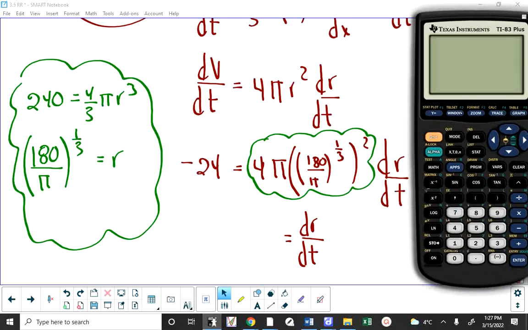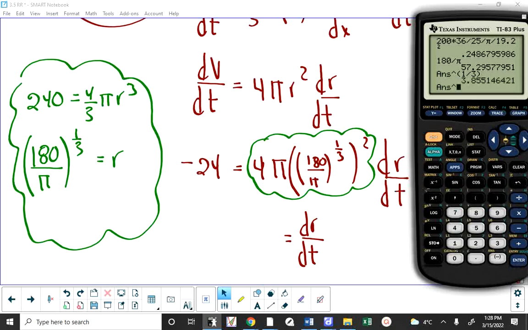I would start by turning my calculator on. Then I would take 180 divided by pi. Then I would personally raise it to the 2/3 because it's raised to the third and then squared. But if you wanted to, you could raise it to the 1/3.